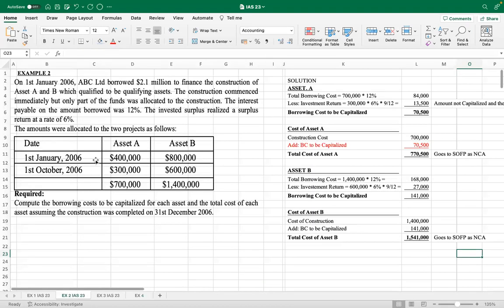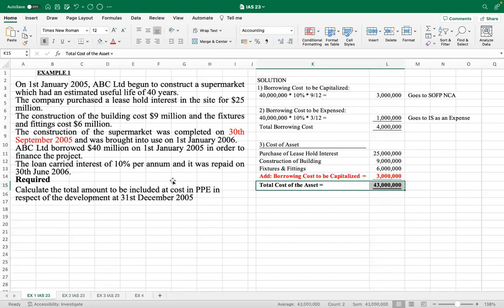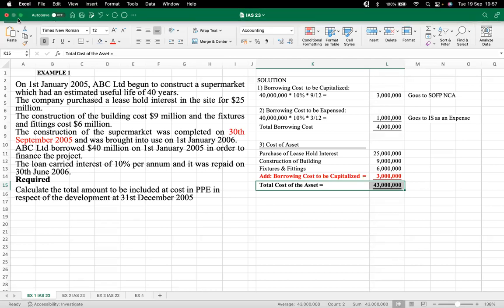This one looks at investment return, when we invest part of the proceeds. And the first one looks at when does capitalization stop?